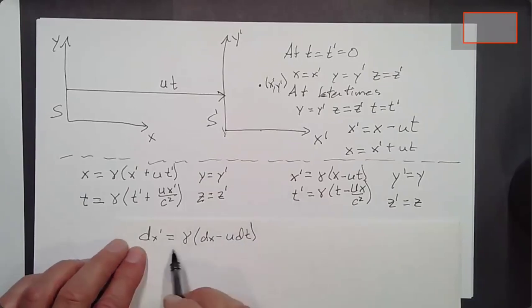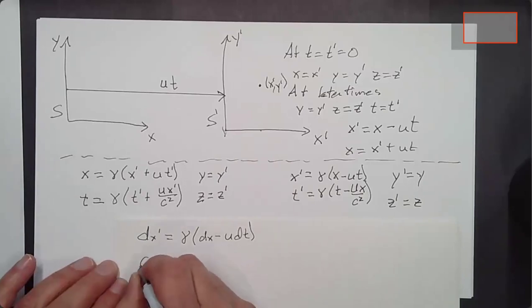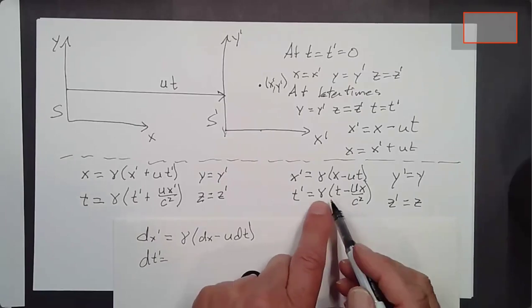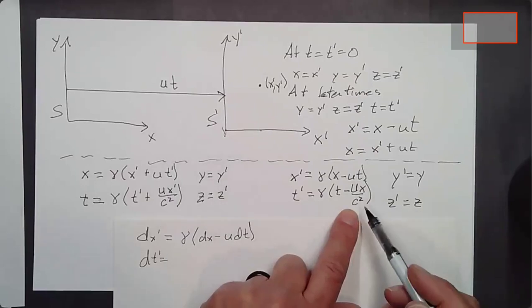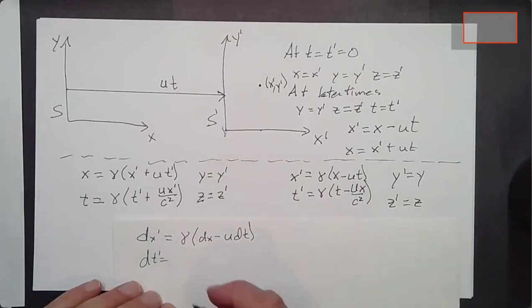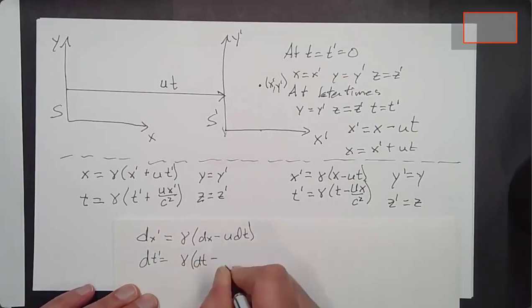That would be the differential of x prime. The differential of t prime, dt prime, is going to equal, well, what can change in here? Gamma won't, u won't. We're assuming constant relative speed between the two coordinate systems. c won't change, so it's just t and x that change in here. And I would get gamma times dt minus u dx over c squared.